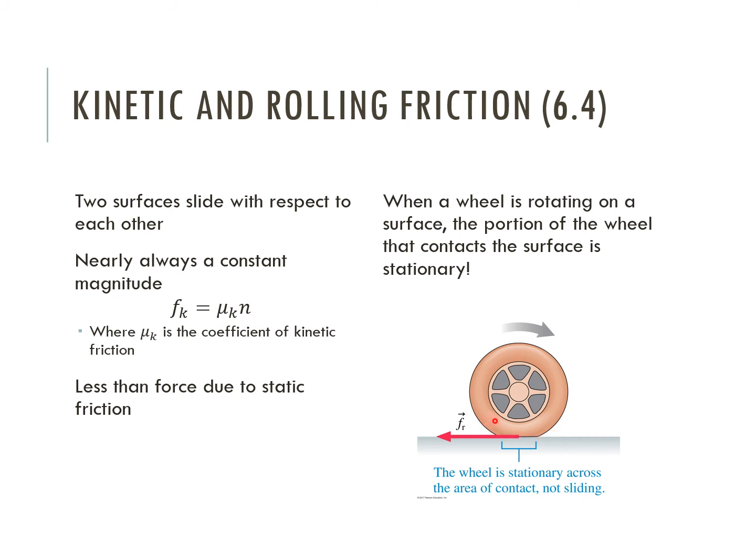So it's stationary for a brief moment in time. This is assuming you haven't locked your wheels, doing inappropriate car tricks, or accidentally hydroplaning or anything like that. This is assuming a normal driving situation where your tires are rotating and they are static for a brief moment in time.